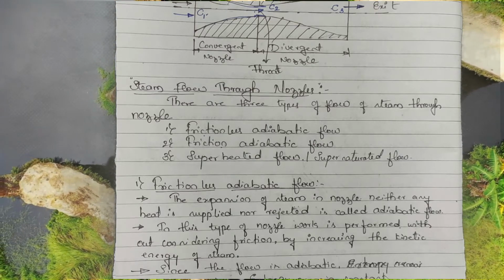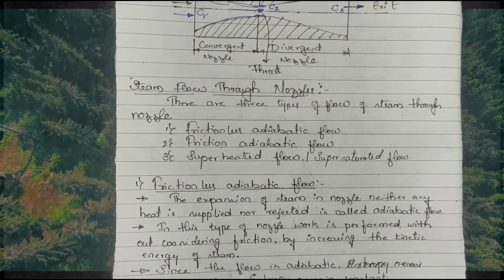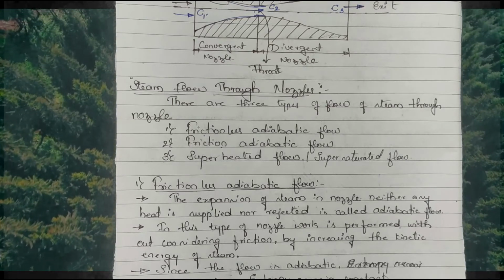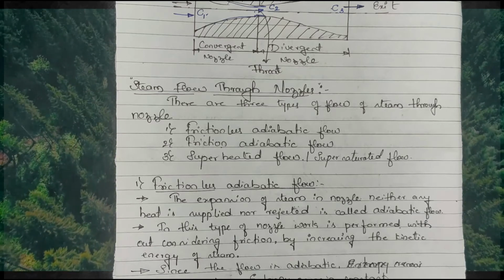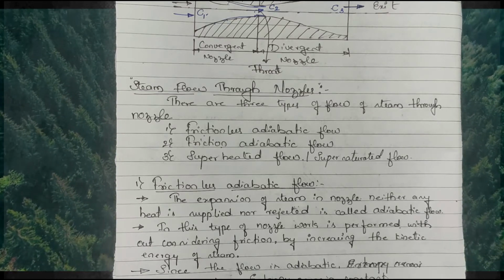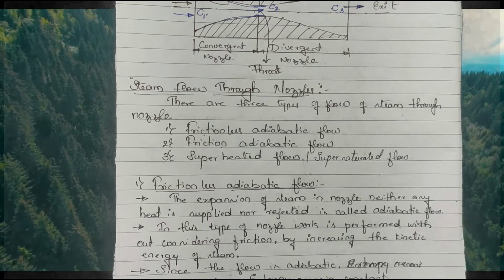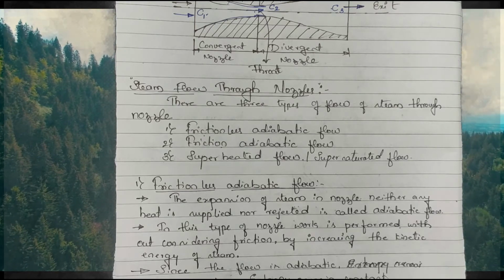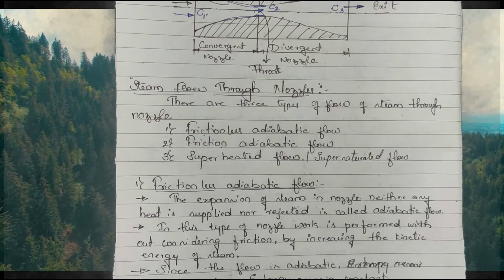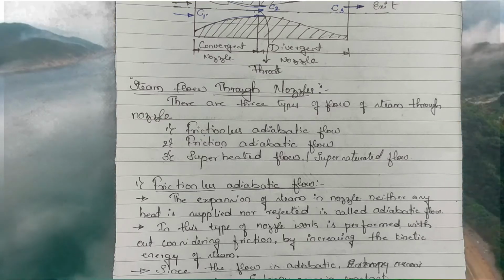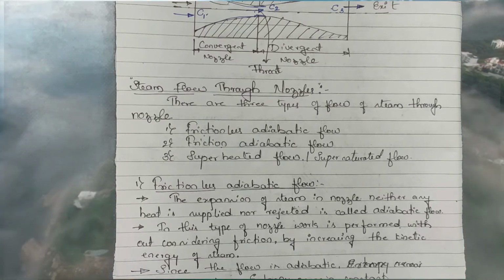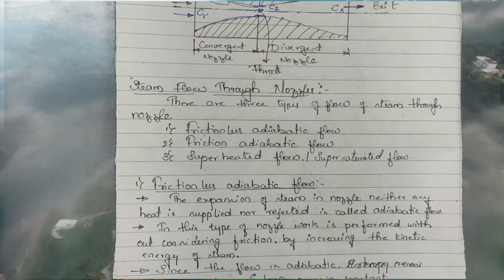Since it is an open flow system, we must understand that there is no heat gain or heat loss to or from the surroundings. If there is no heat loss, it is an adiabatic flow. If it is adiabatic, entropy remains constant and there is only work done.